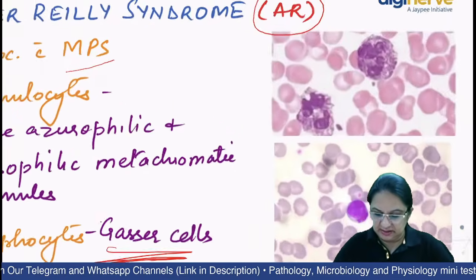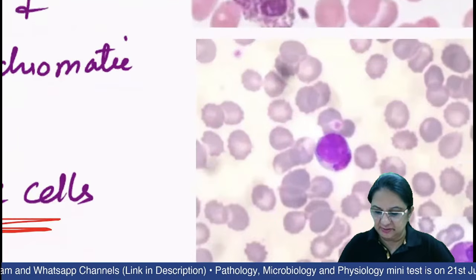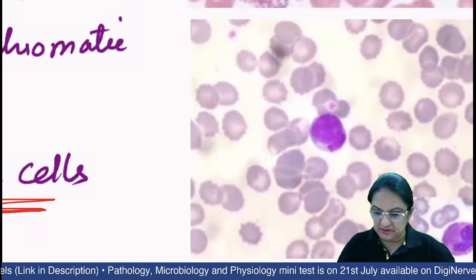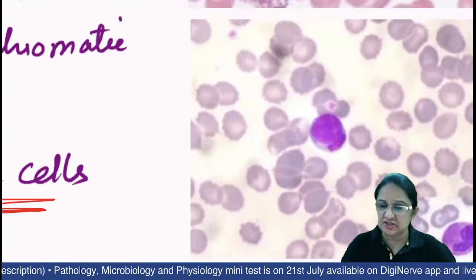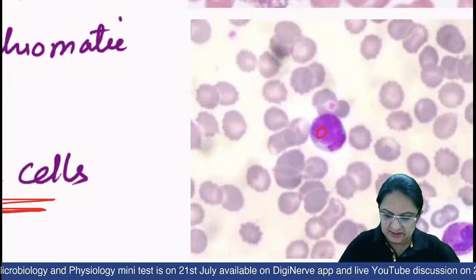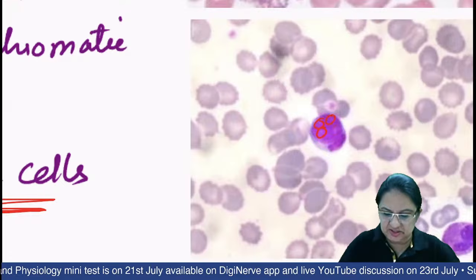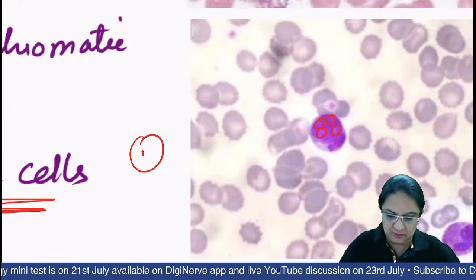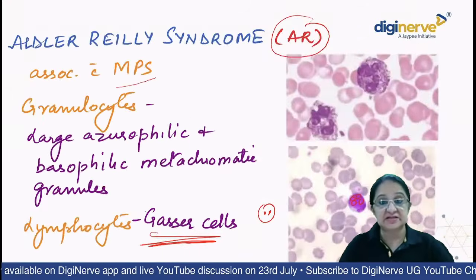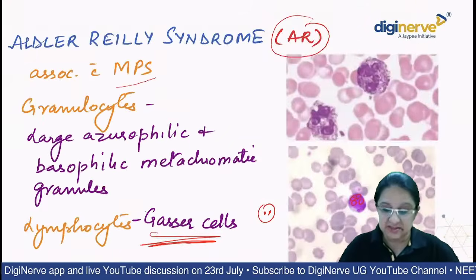Basically, in the lymphocyte, you will see cytoplasmic vacuoles, sometimes a comma or dot-shaped structure. These are called Gasser cells, seen in Alder-Reilly syndrome.